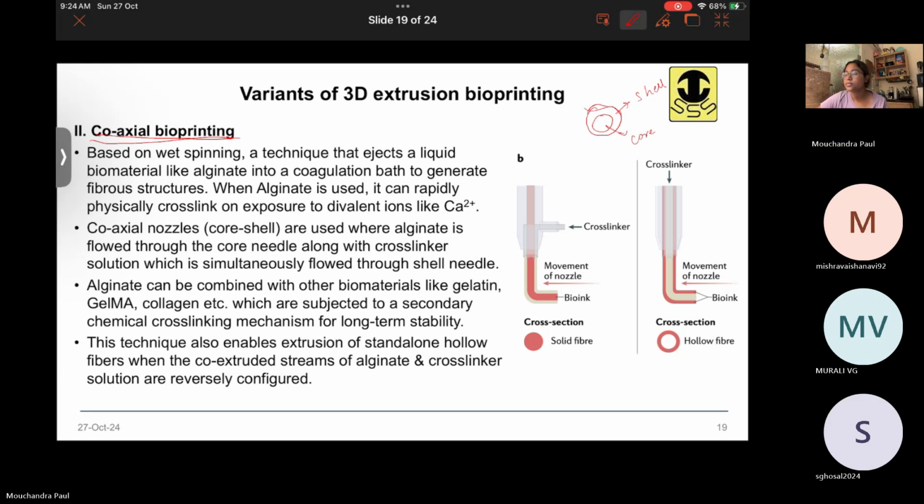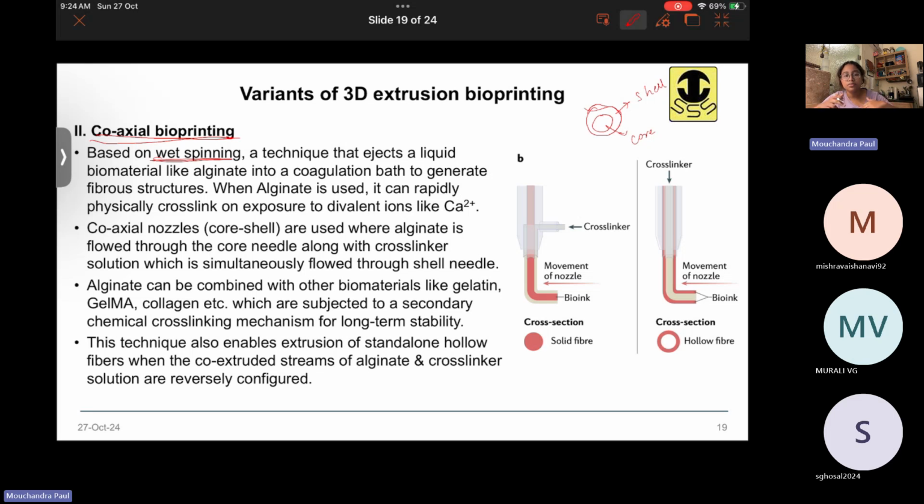This technique is based on the technique called wet spinning. Researchers have adopted the wet spinning technique here. In wet spinning, what usually happens? A biomaterial like alginate is ejected from the needle into a bath.